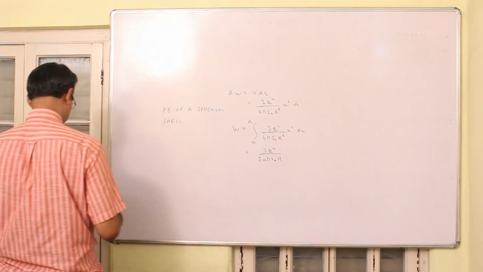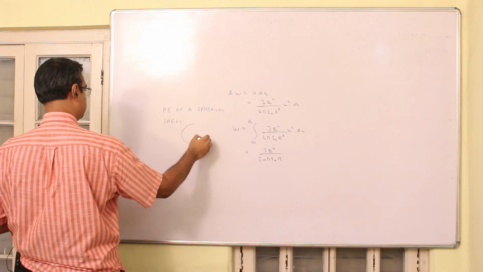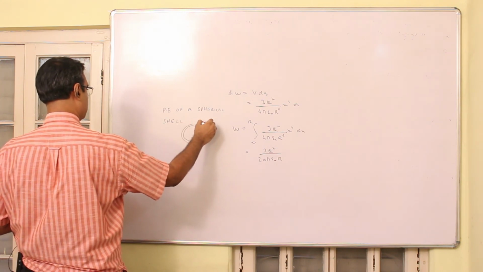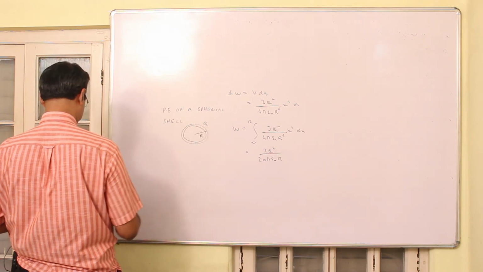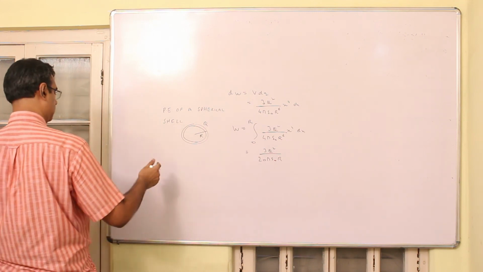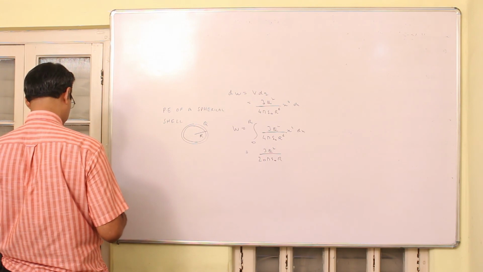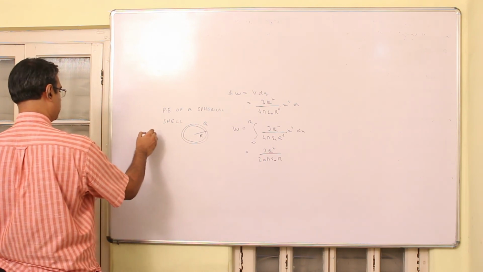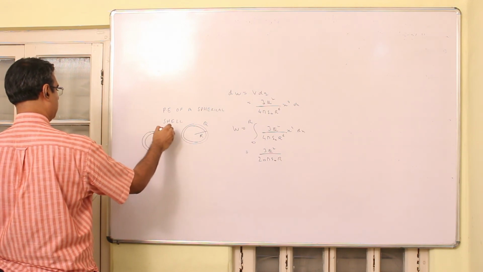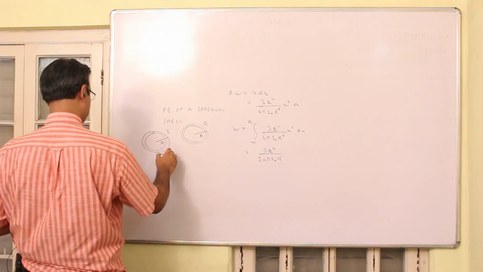Now suppose we are talking about a spherical shell which is basically having a total charge q and radius capital R. Now suppose, let us say that you are bringing charges from infinity, and at some point of time the charge that has been brought to the surface is small q.